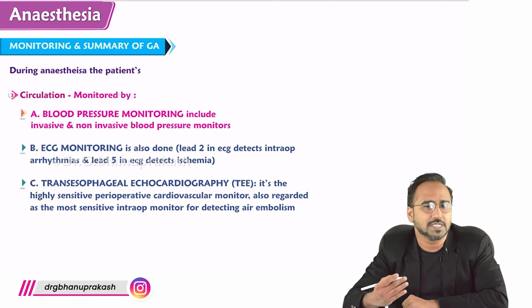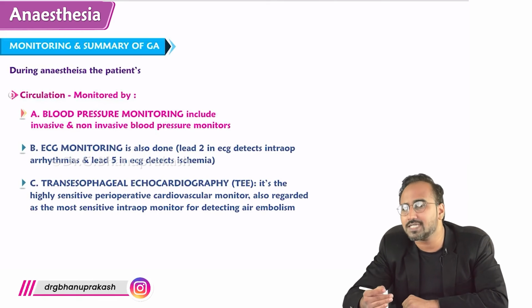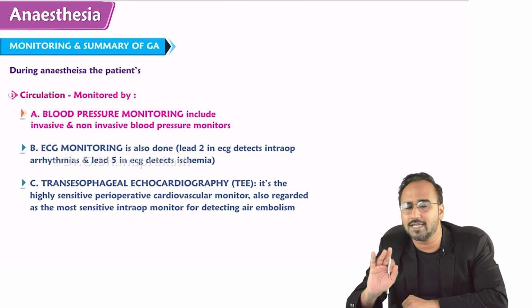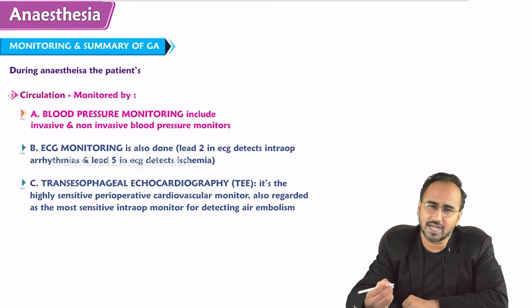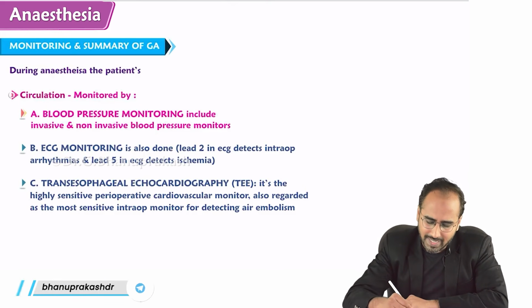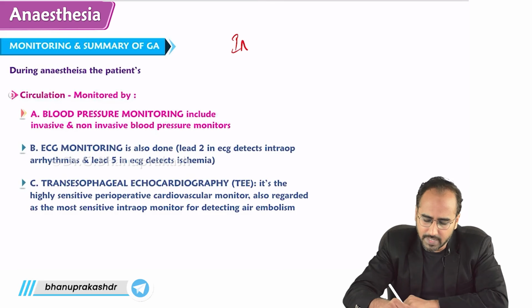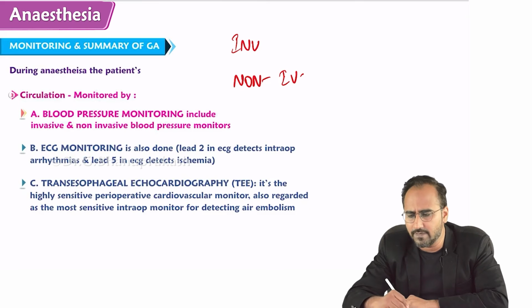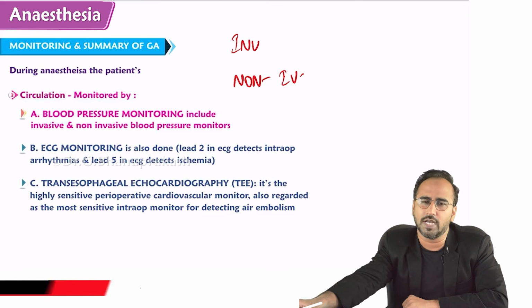The patient's circulation can be monitored by blood pressure monitoring, by ECG monitoring, and by TEE. There are two kinds of blood pressure monitoring: one is invasive, the other is non-invasive. The blood pressure that we use commonly in day-to-day life, the sphygmomanometer, is non-invasive.